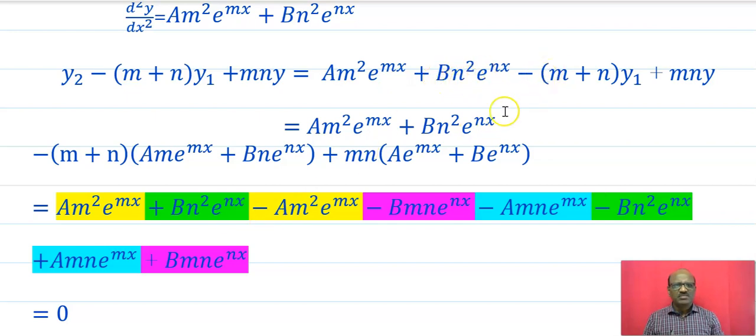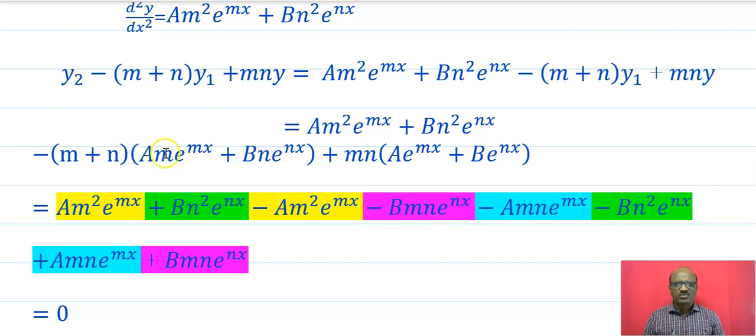Next is the multiplication of the bracket (m plus n) with a m e raised to mx plus b n e raised to nx. m into this term gives minus a m square e raised to mx, with the minus sign outside the bracket. Again m into this term gives minus b mn e raised to nx.